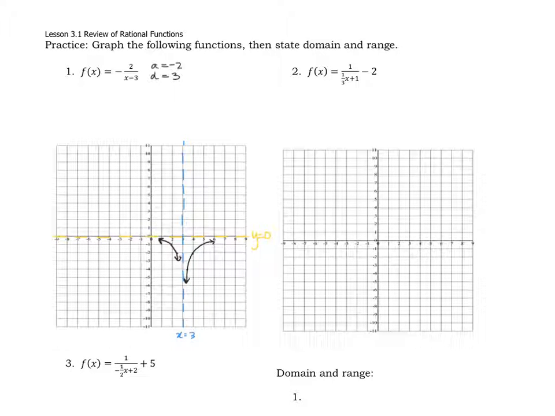So this point that used to be 2 below is now going to be 4 above the horizontal asymptote. So right there. This point that used to be 1 below the horizontal asymptote is now going to be 2 above the horizontal asymptote. Let me try that again, 2 above. And then this last point here that is half a unit below the horizontal asymptote is now going to be 1 unit above the horizontal asymptote.